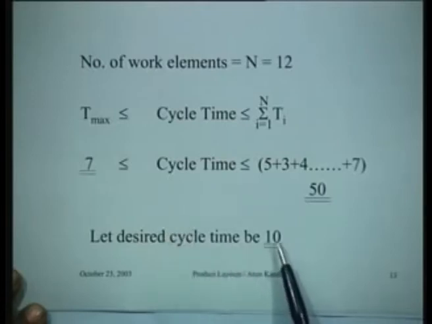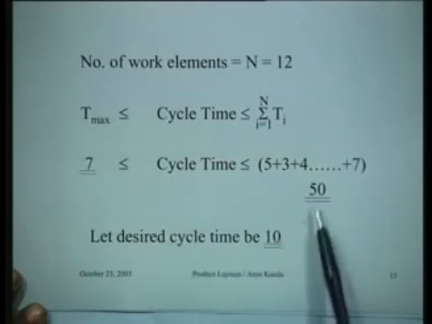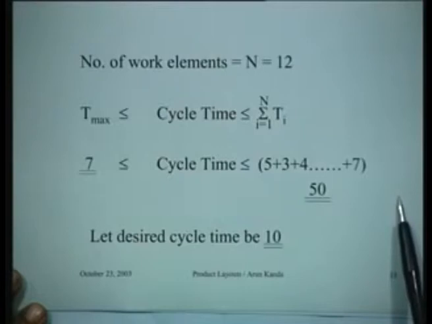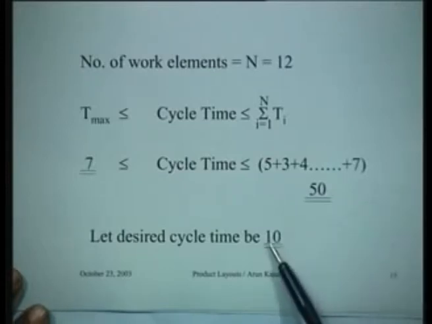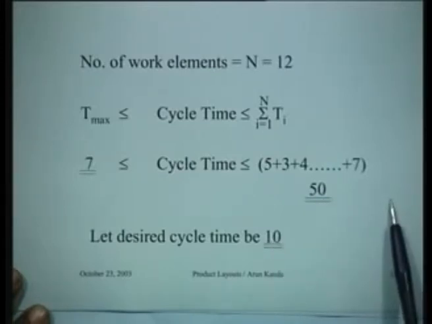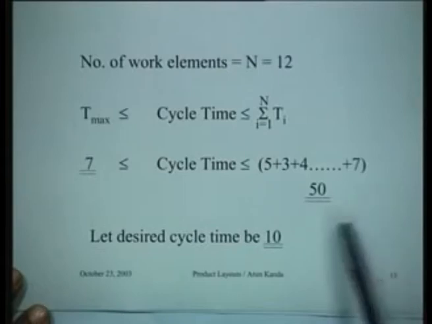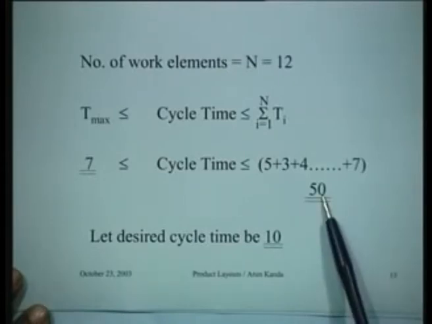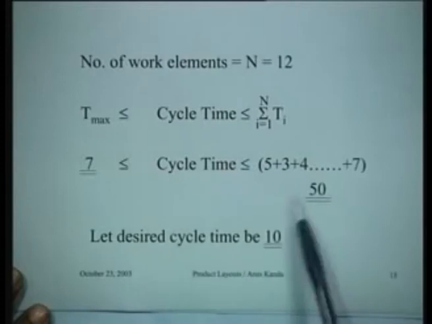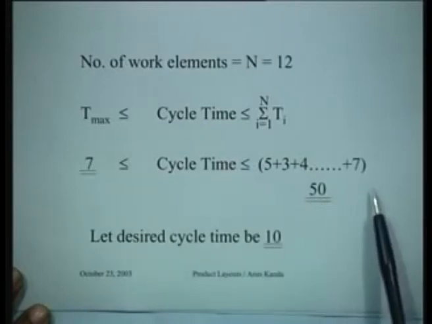Obviously, if the cycle time happens to be more than 50, what is going to be the implication? The implication is that you don't require an assembly line, isn't it? If your cycle time is more than 50, say 60 minutes, you can engage one person who will do all the tasks in 50 minutes and still have 10 minutes free.